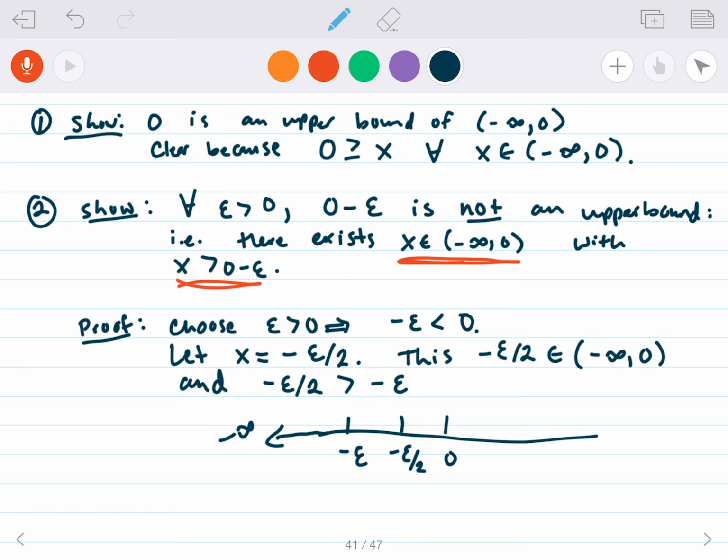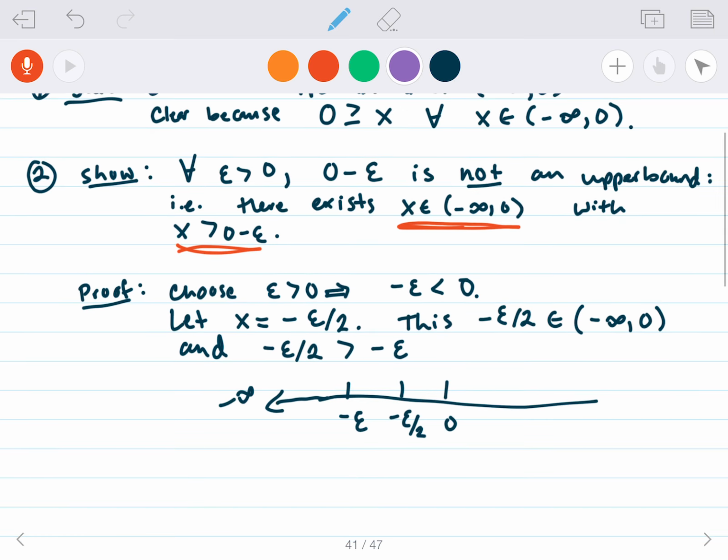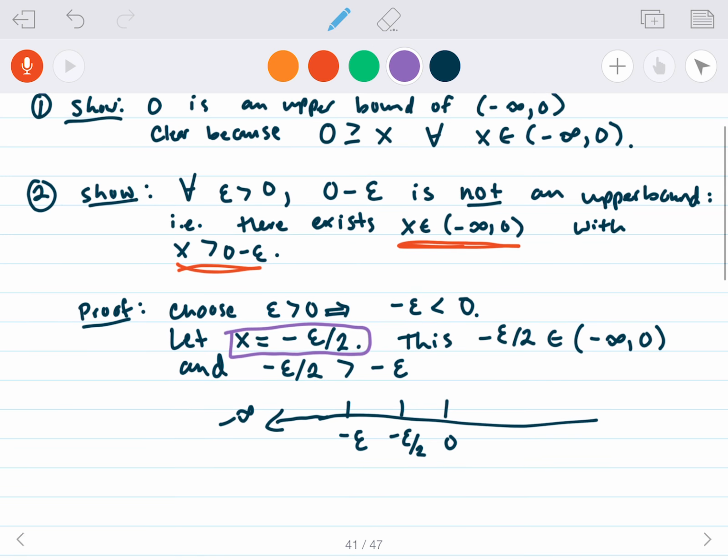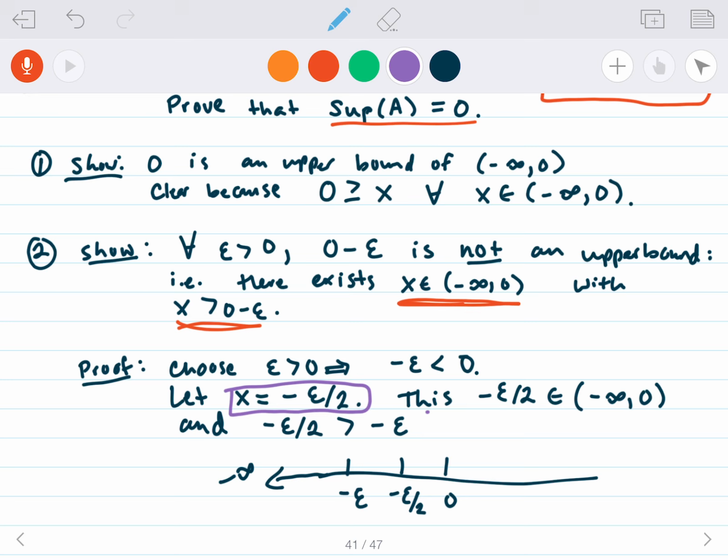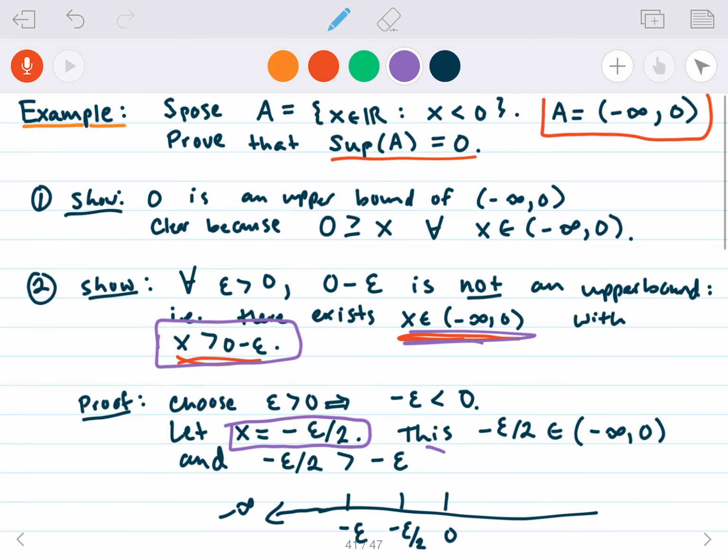Okay, so that's it. X equals negative epsilon over 2 satisfies condition 2. It's in this interval. It's in negative infinity to 0, and negative epsilon over 2 is bigger than negative epsilon. So supremum has to be 0 because condition 1 and 2 imply that the supremum is 0.